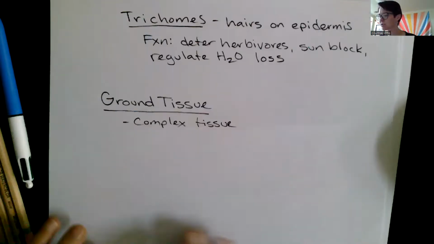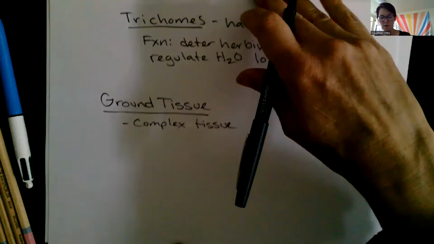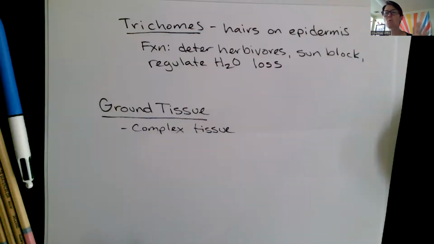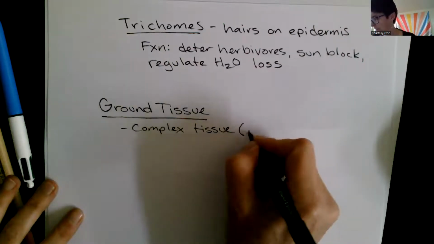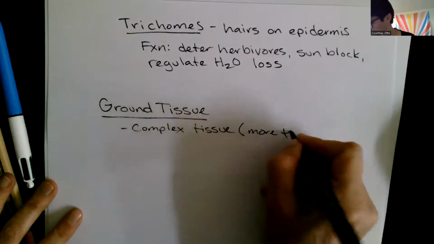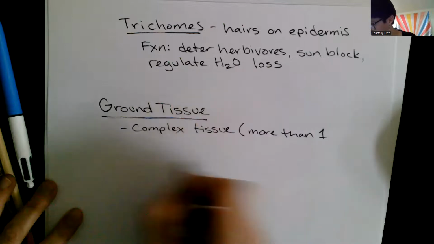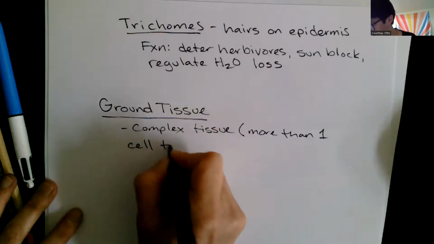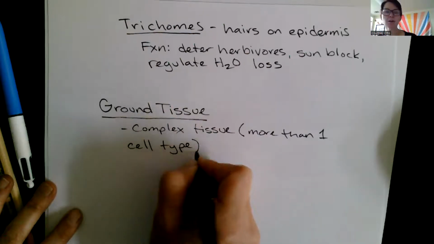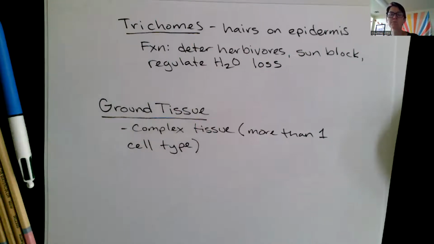And when we talk about tissues and we call them complex, all we mean by that is that there's more than one cell type. In fact, it's typically in ground tissue where we can find all three cell types, where we can find parenchyma, collenchyma, and sclerenchyma. And so if we think about the plant body, that epidermis is that outermost layer. The ground tissue is just going to be one cell layer in.